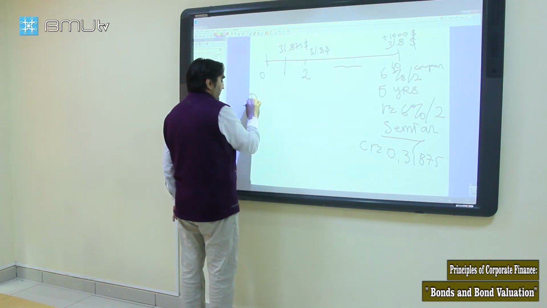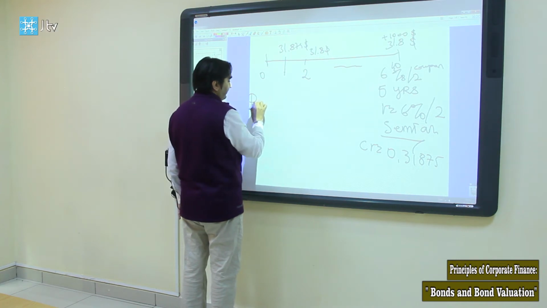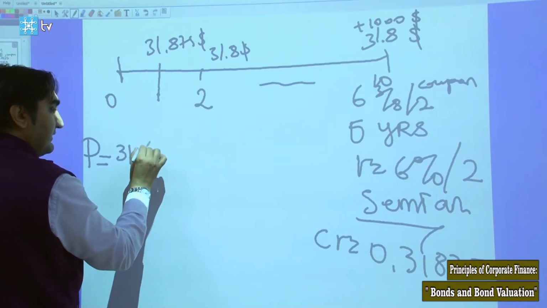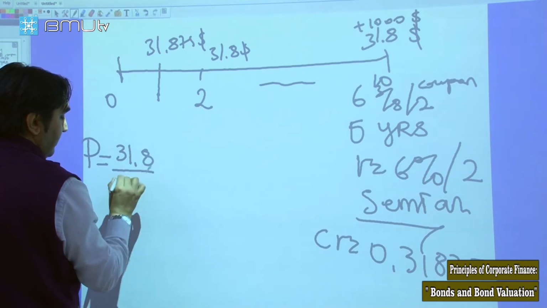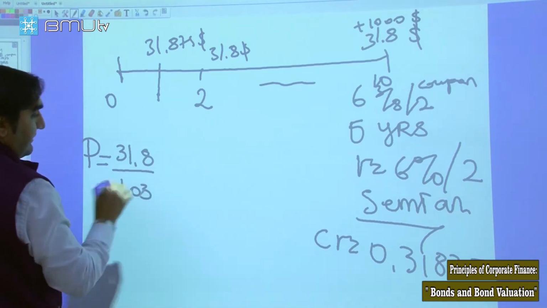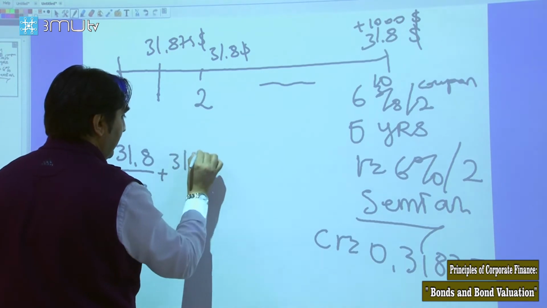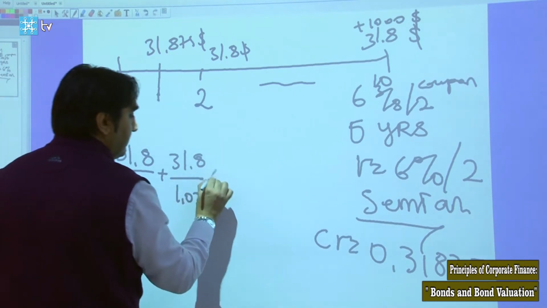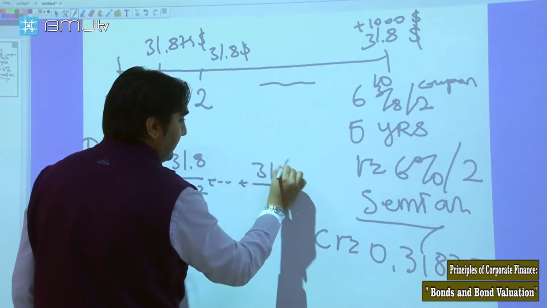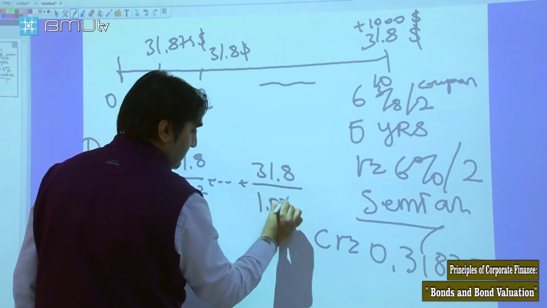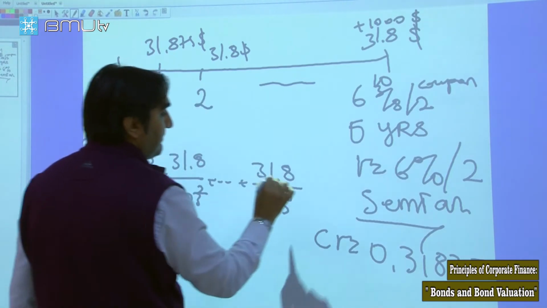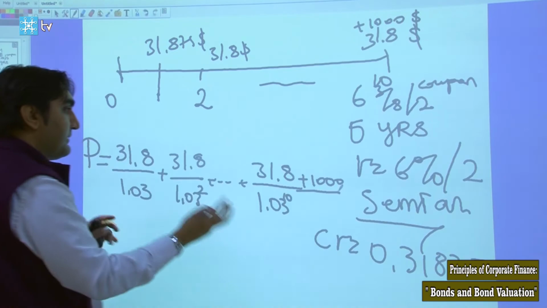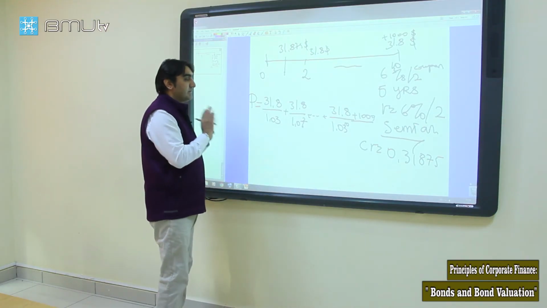The price of this bond is the coupon payment divided by 1.03, plus the coupon payment divided by 1.03 squared, and so on, up to the coupon payment divided by 1.03 to the power of 10, plus face value at the end. So we find the present value of these cash flows to get the price of this bond.